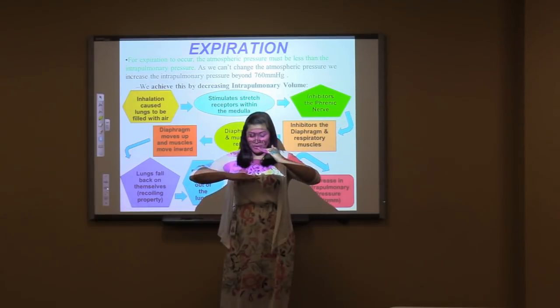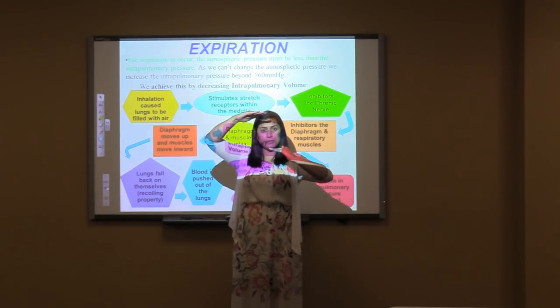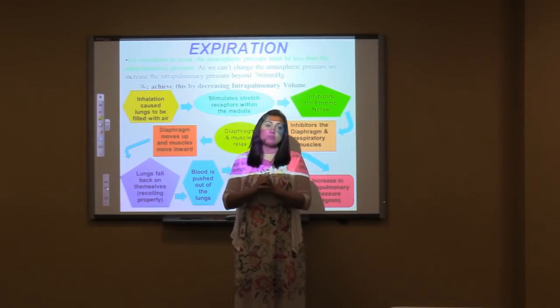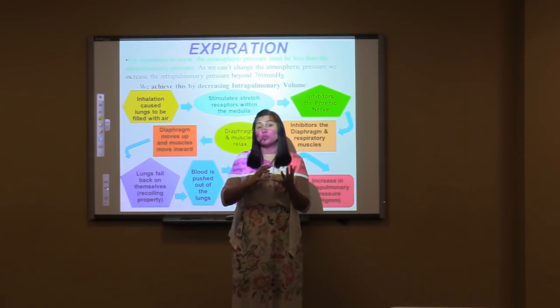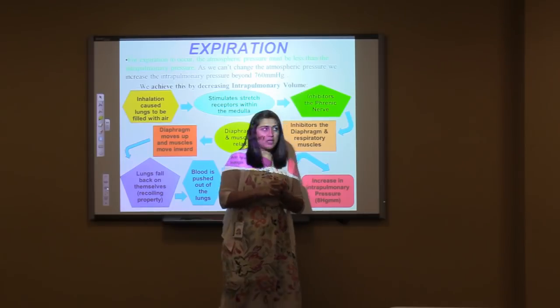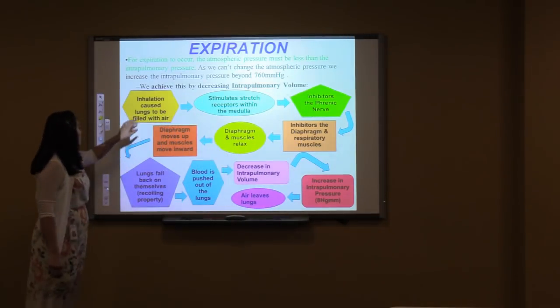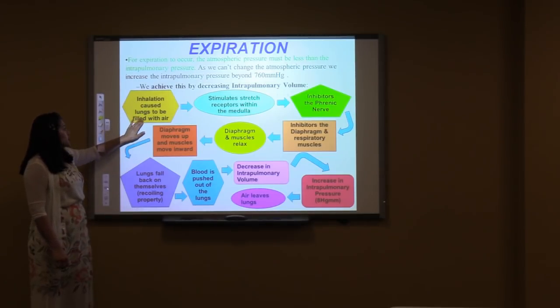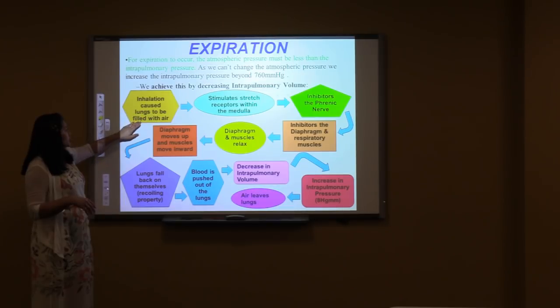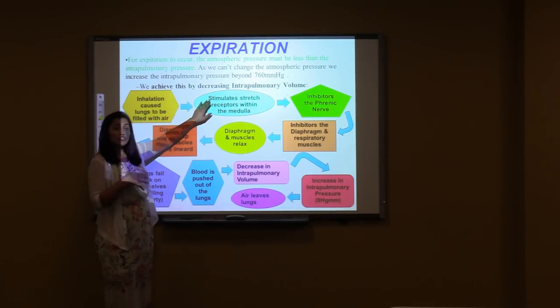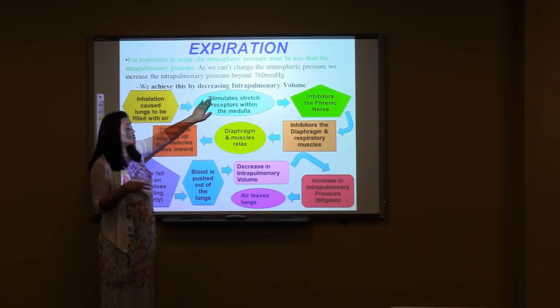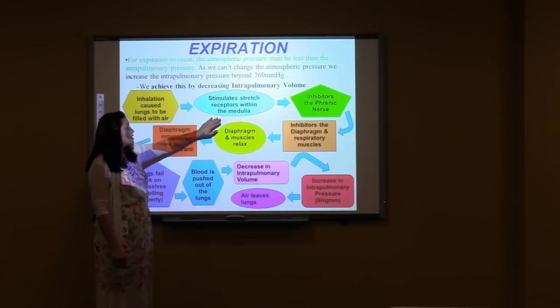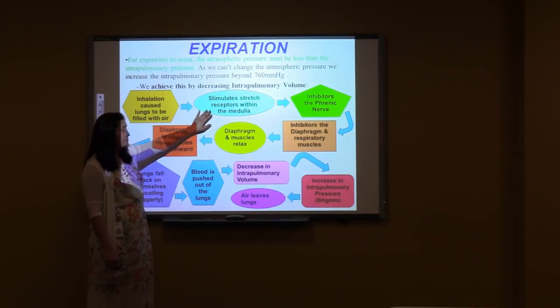So of course, to bring your intrapulmonary pressure up, you have to decrease the intrapulmonary volume because pressure and volume are inversely proportional. So let's see. When you inhaled, when you took air in, it caused your lungs to stretch. So inhalation caused your lungs to be filled with air, and because your lungs expanded, it stimulated the stretch receptors within the medulla.